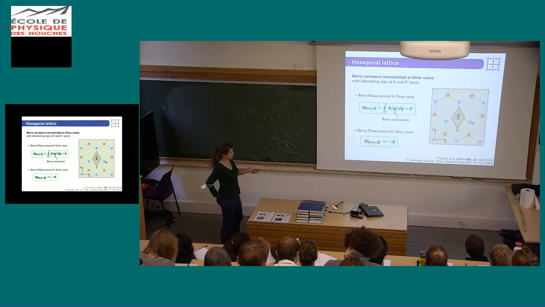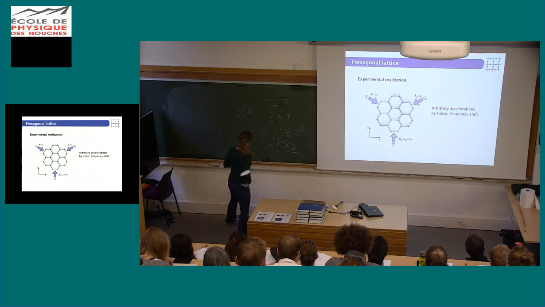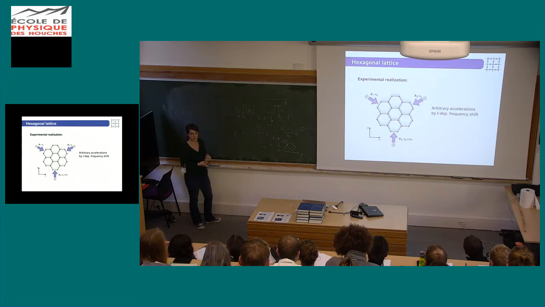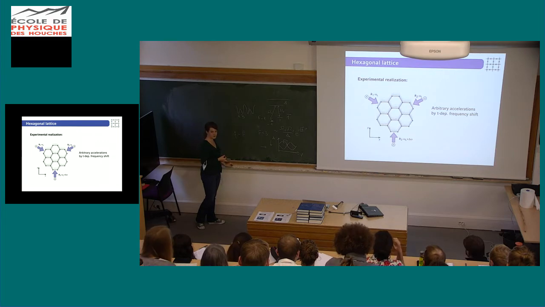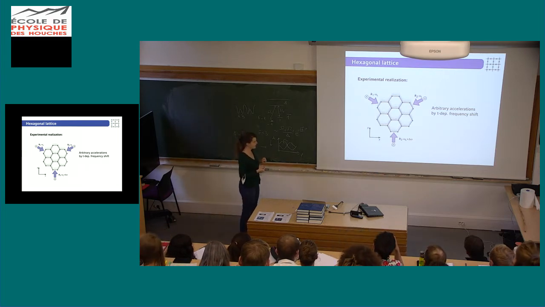Okay, so we want to build an interferometer that allows us to probe this pi Berry flux around the Dirac cone. Now, similar to what we have seen yesterday, what we want is to vary Q. So again, we apply a force to our atom that lets us vary the quasi-momentum in time. And if this force is small enough, then we don't get excitations to higher bands, but we probe the band we are in adiabatically.